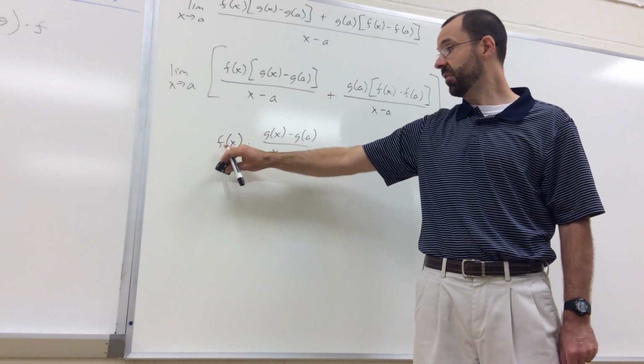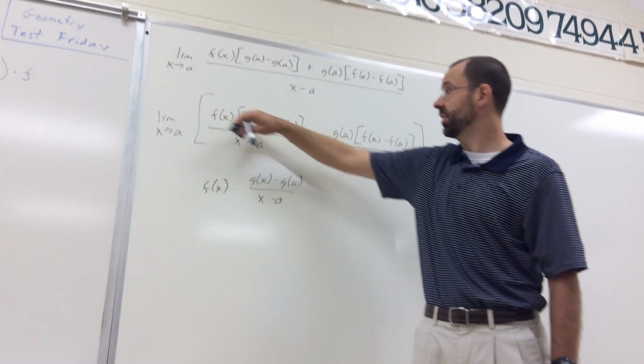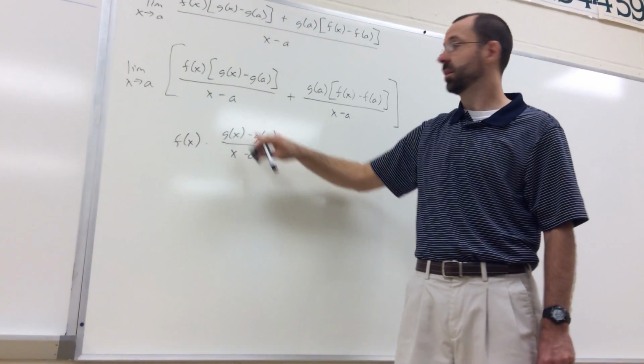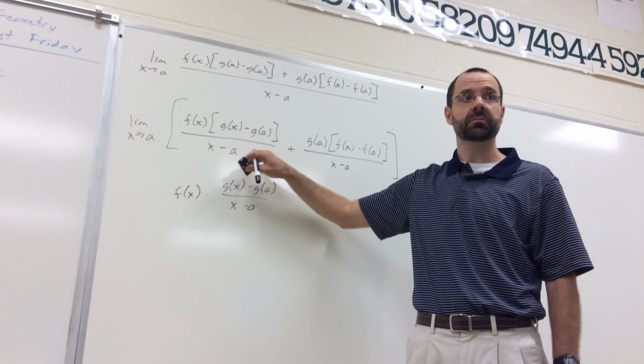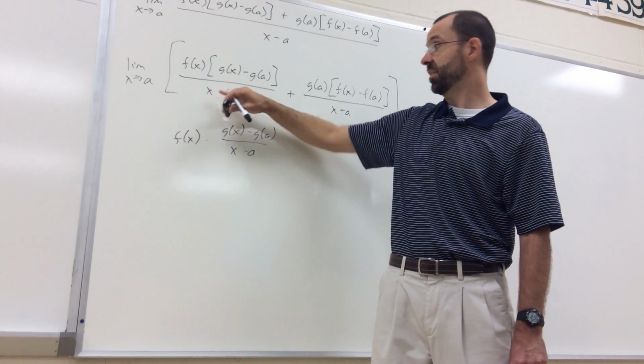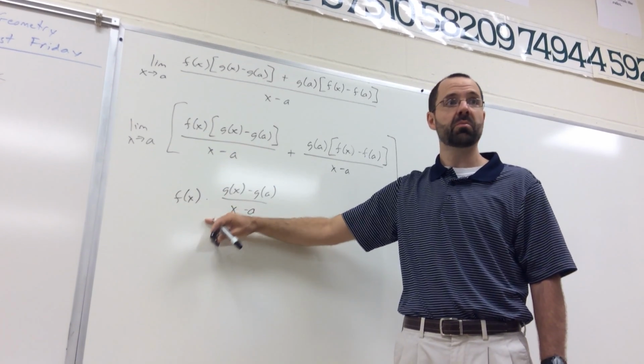If I multiply across the top, then I'll get this. And if I take 1 times x minus a, I would get x minus a. More often we go from this step to this step, but that explains why we're allowed to go from there to there, pulling the f of x out.